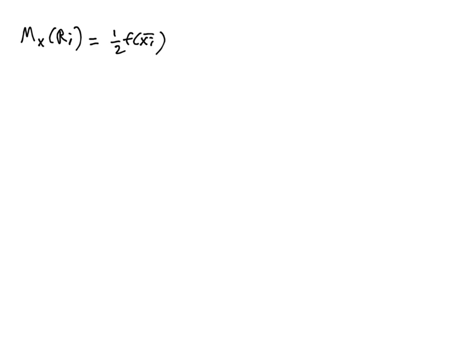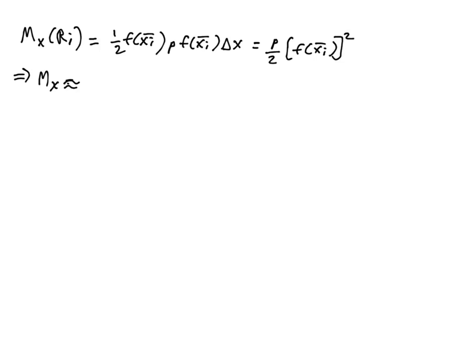It's going to be rho f of xi bar delta x, which becomes rho over 2 times, you'll notice we are squaring the function. So this implies that the moment with respect to x is approximately equal to the sum of all of these.